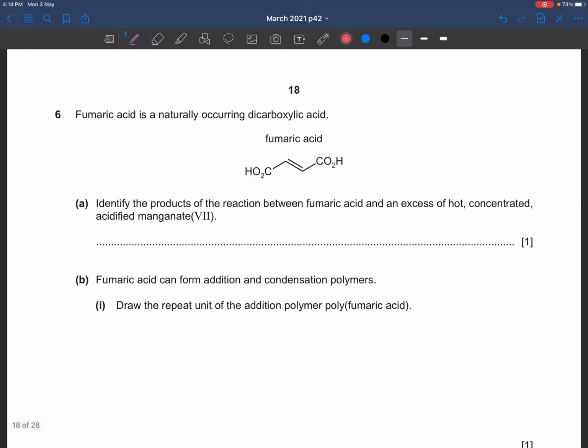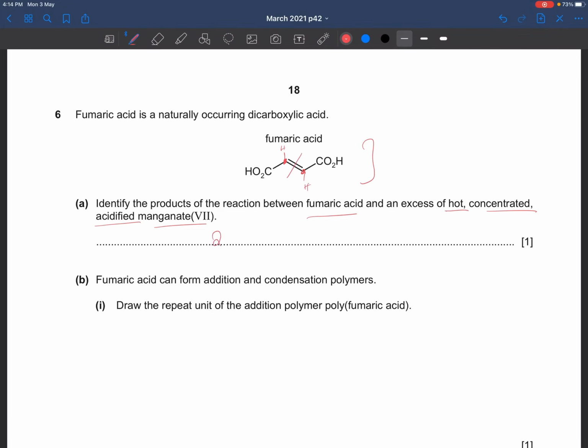Now, fumaric acid is a naturally occurring dicarboxylic acid. This is fumaric acid. Identify the products of the reaction between fumaric acid and an excess of hot concentrated acidified manganate. So this is the oxidation of an alkene. This double bond would break and we get ethanedioic acid and ethanedioic acid, because this carbon is connected to one carbon and hydrogen, and this is also connected to one carbon and hydrogen.